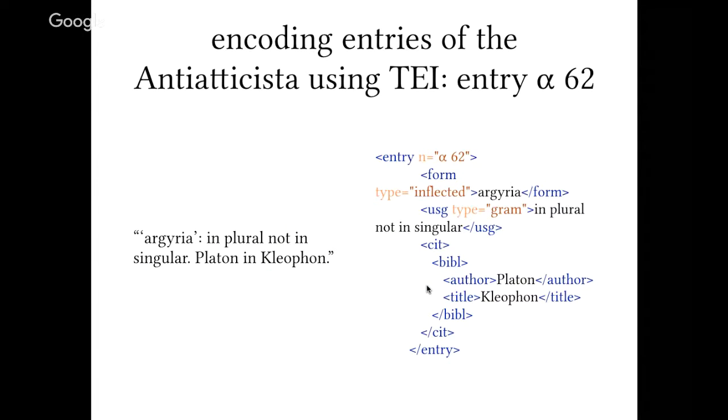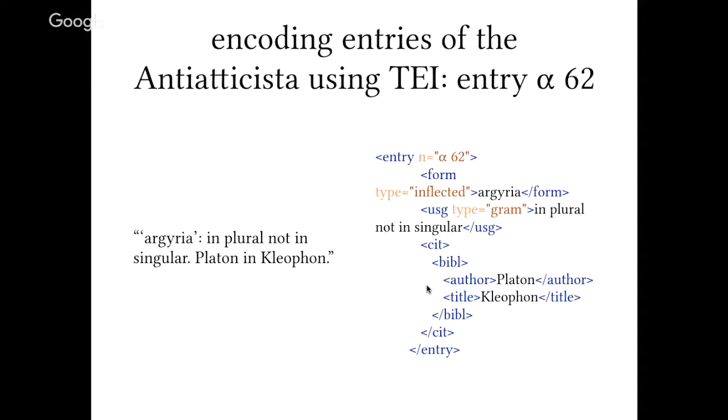We go over now to a second entry, which is shorter, but a little bit more difficult. The headword reads argyria, which means more or less money. The remark in the dictionary is in plural, not in singular. And then an author, Plato, which is not the philosopher Plato, but the comic poet Plato, in Cleophon.